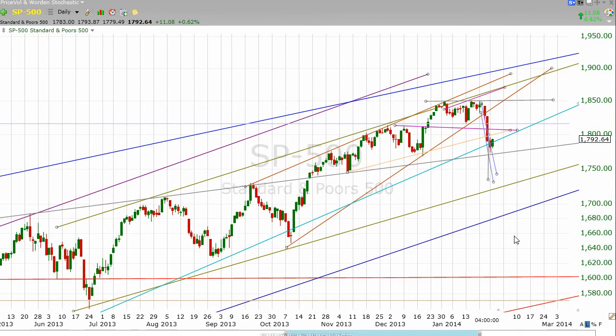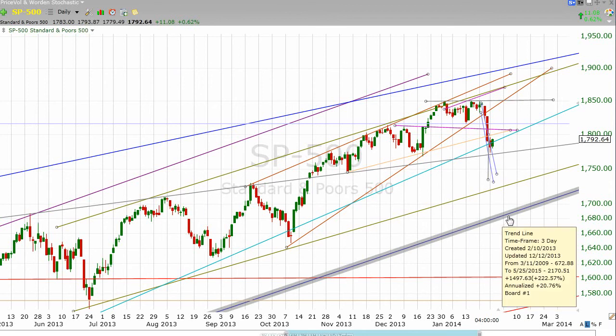And just between you and me, if we get down to the mid 1600s, we have to consider that we may be forming a significant top. And when I mean significant, I don't mean intermediate. I mean like a major top, because we would be then taking out this blue line.